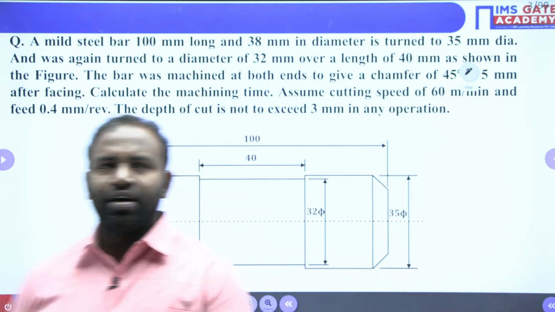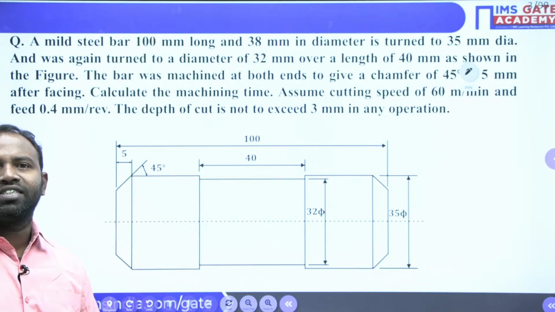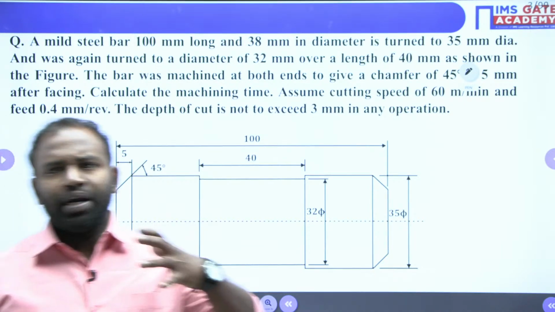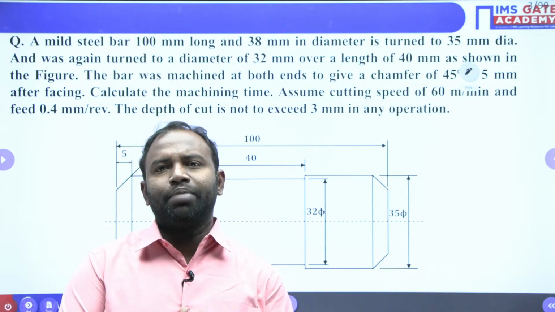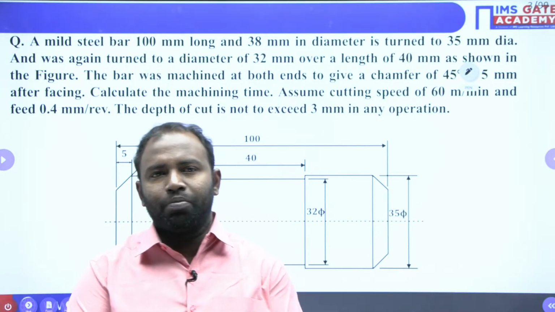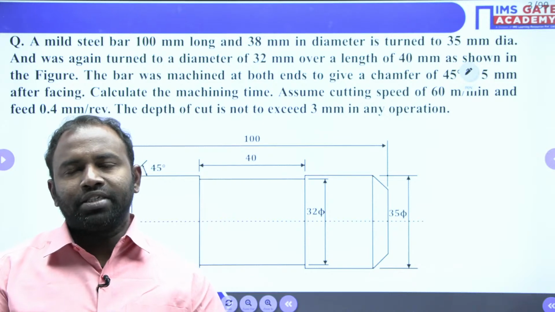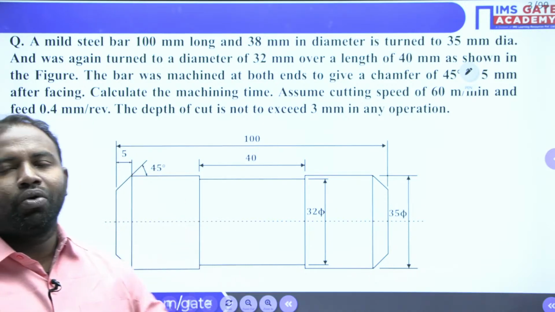The beauty of this question is that in machine tool operations, from the GATE point of view, we always focus on machining time calculations as well as the metal removal rate. For that purpose, I have collected a machining time calculation for this job.